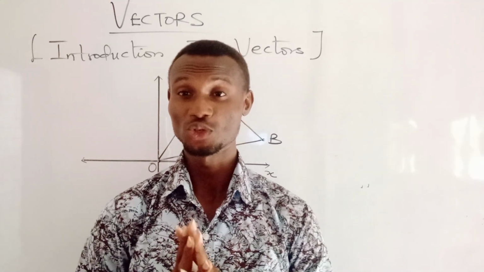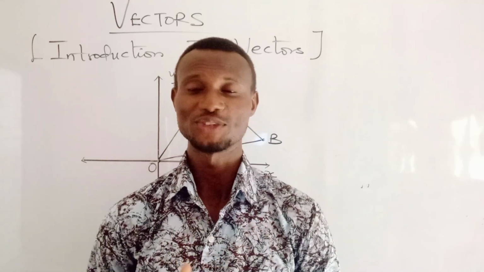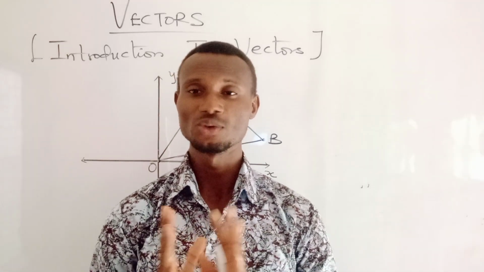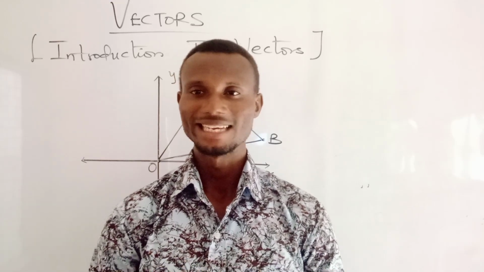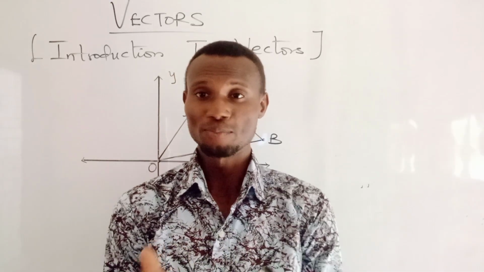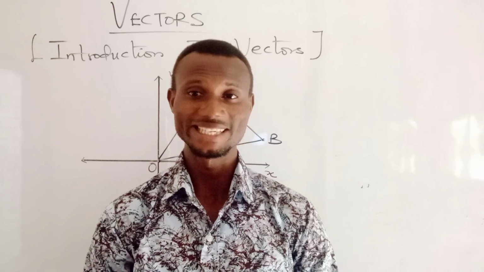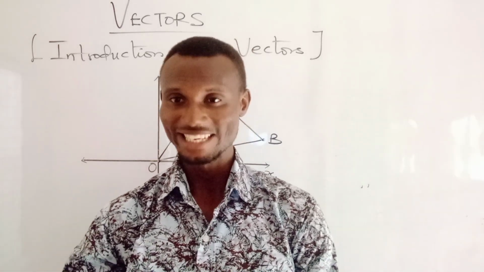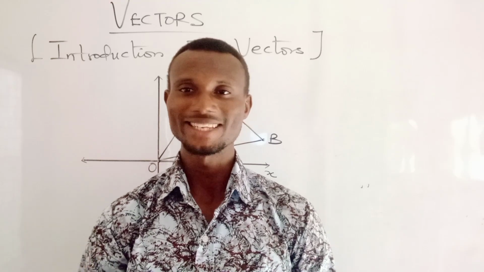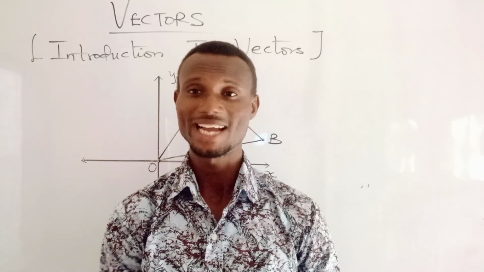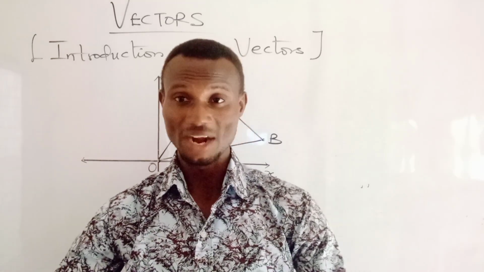I'm going to use a practical example to explain it to you. We are going to look at an example like displacement, because displacement is an example of a vector, because it has both magnitude and direction. And don't forget the definition of a vector: a vector is any quantity which has both magnitude and direction.